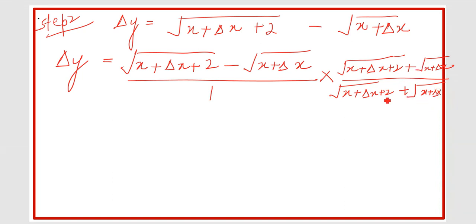So technically these two terms will cancel each other. Again we have the same remaining part. Why did I do rationalization here? Because it will help us to solve the problem.